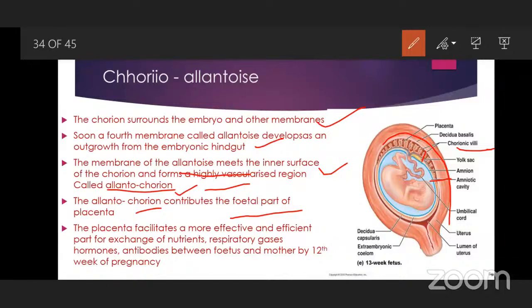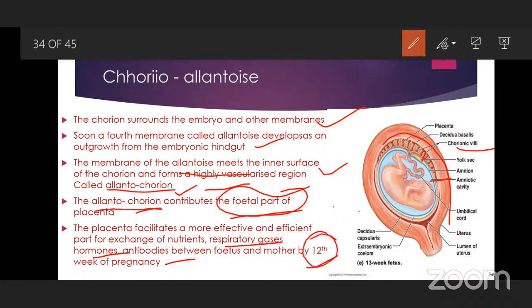That placenta is made up of maternal placenta as well as fetal placenta. This allantochorion is the one contributing the fetal part of the placenta. The placenta facilitates a more effective and efficient exchange of nutrients, respiratory gases, hormones, and antibodies between fetus and mother by the 12th week of pregnancy.